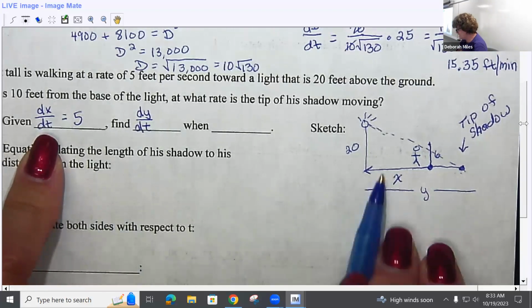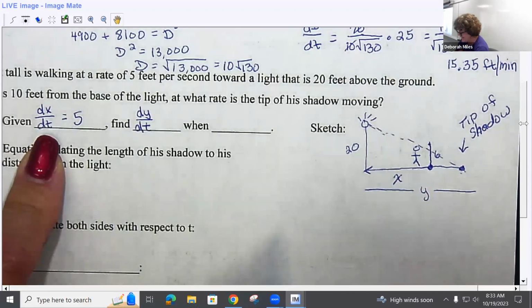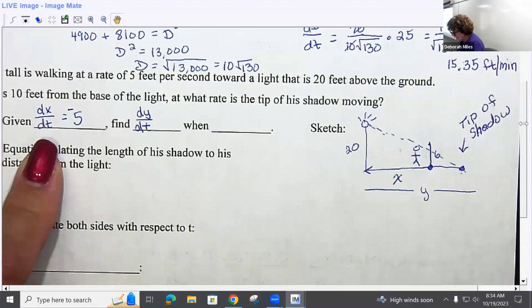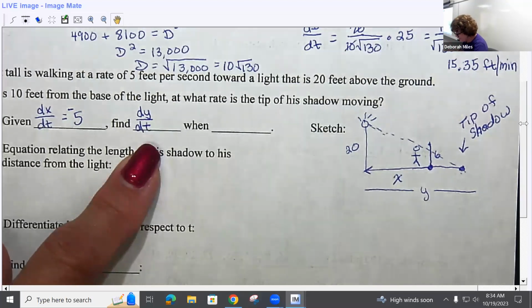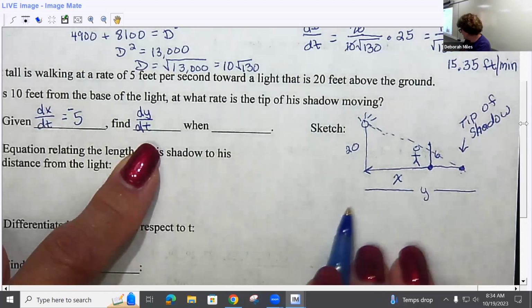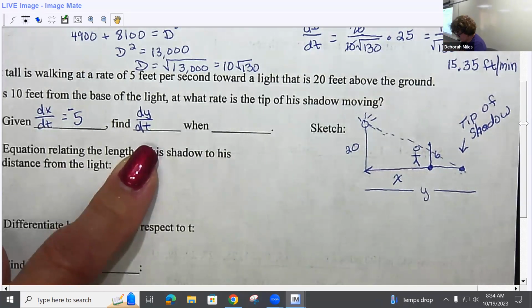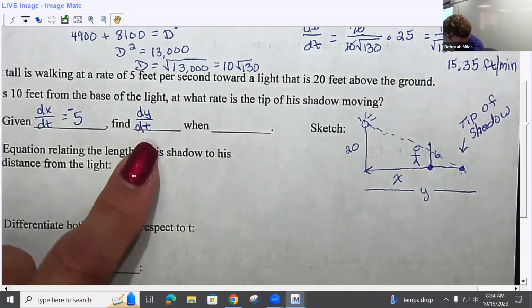If this distance is getting smaller, I need to let it be negative. And do I expect dy over dt to be negative or positive? If X is getting smaller, Y is getting smaller also, because he's walking toward the light, his shadow is also moving toward the light. So I expect to get a negative for that.